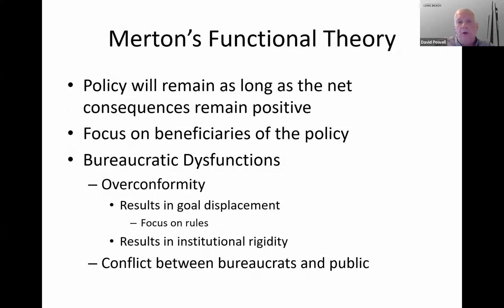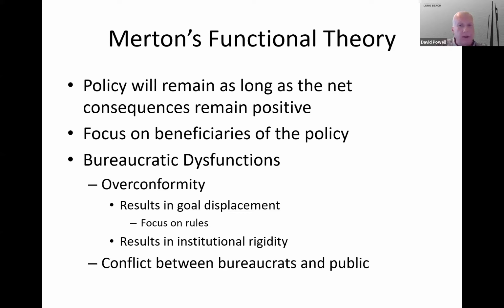They tend to then also fragment, where they'll create more units and departments and divisions. Each of those units, departments, and divisions will then create their own sets of rules and procedures and regulations to adhere to. Once you are focusing on adhering to these policies and these procedures, then you're losing sight of your constituencies and you become very rigid in that your goal is adhering to these rules.